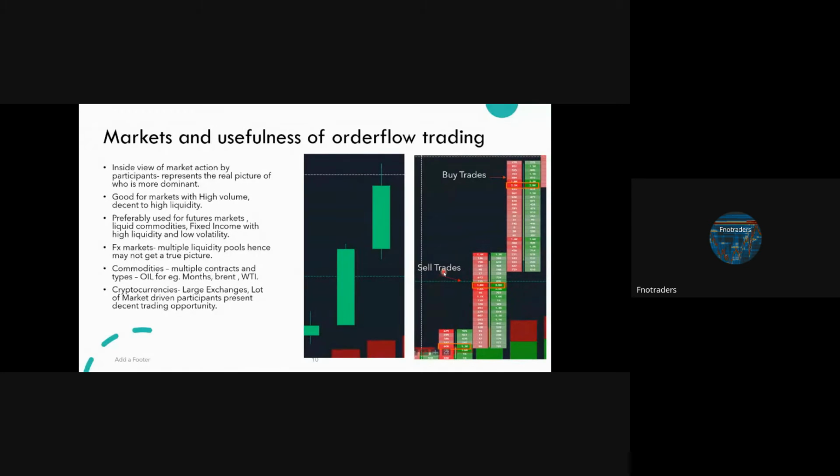If there are two limit orders sitting at two different prices, let's say the limit buyer is sitting at 100 and there is a limit seller sitting at 101, and nobody is willing to change their order or take the other order, the market will not move at all. It will be a static market where nothing is happening. You'll see two orders lying at 100 and 101, and nothing is happening. The market will only move when a third person comes in and says, I want to buy at 101, or I want to sell at 100.